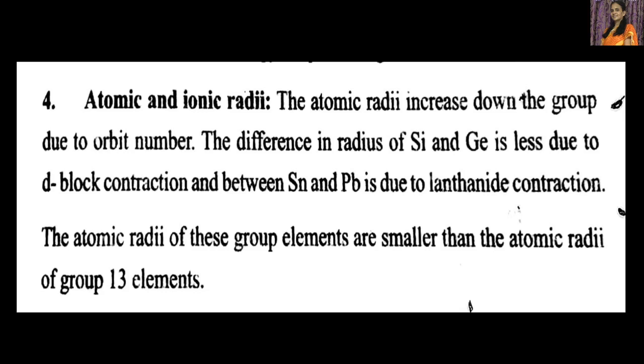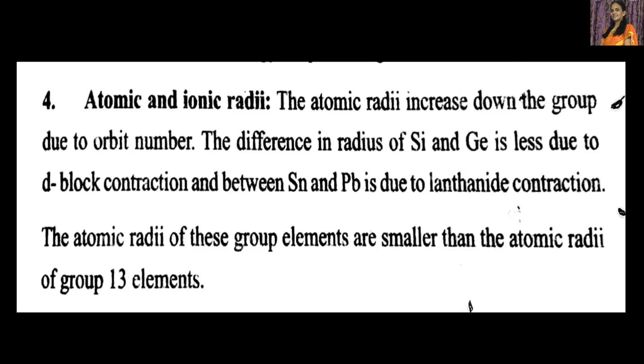So gradually the atomic radii increase down the group, but from silicon to germanium the increase is less due to d block contraction, and from tin to lead the increase is also less. This is due to lanthanide contraction.